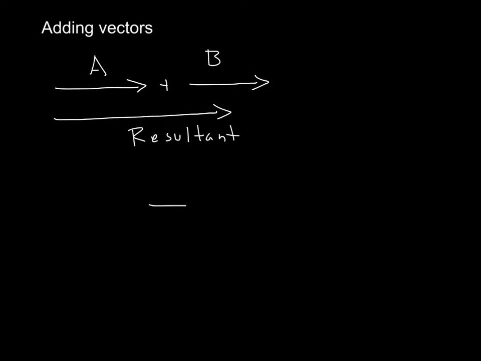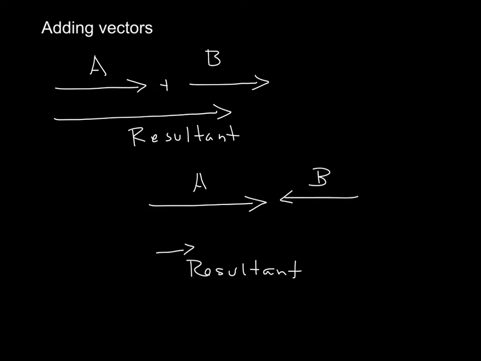And likewise, if you are subtracting, you might say A is like this, B looks like this. The result, in this case, will be a tiny little rightward facing vector.